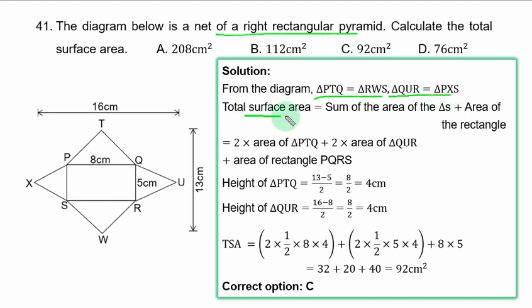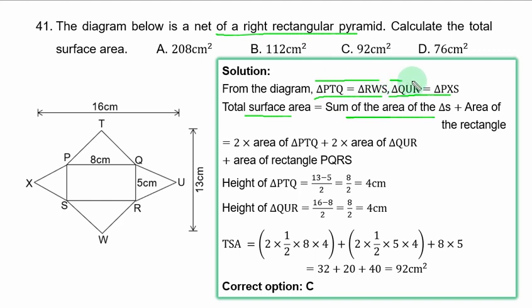Now, total surface area is equal to sum of the area of the triangles plus area of the rectangle. To get the sum of the area of the triangles, from here, once you get the area of one triangle multiplied by 2, that becomes the area of the two triangles.